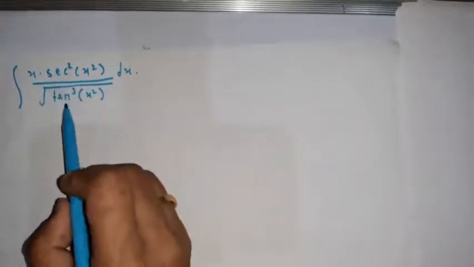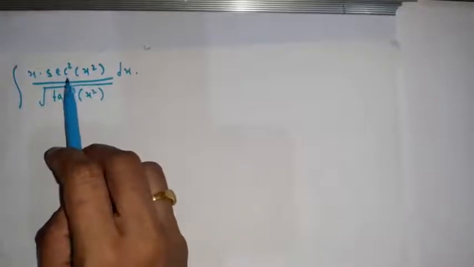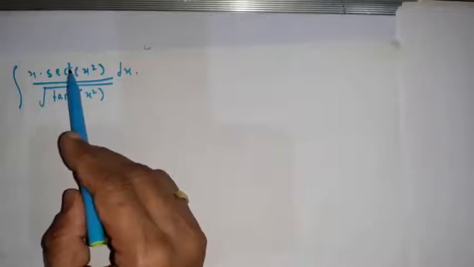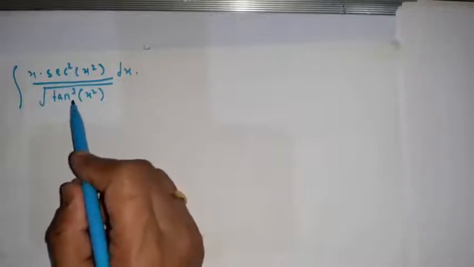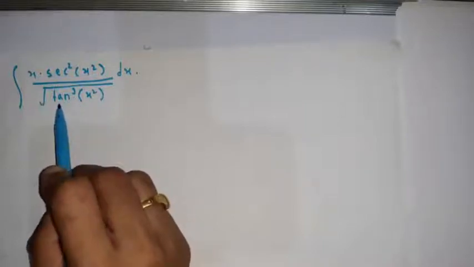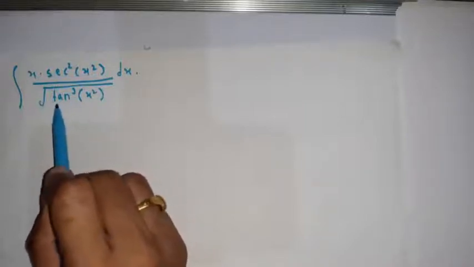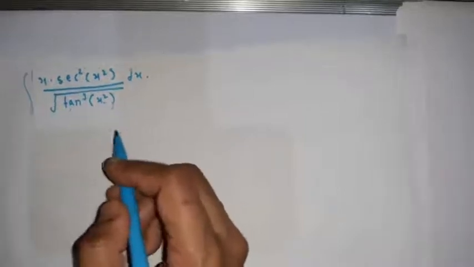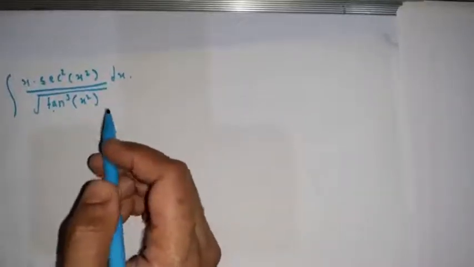Here tan is there and sec square is there, and we know that sec square is the differentiation of tan x. So give the substitution directly to the function tan of x square. First simplify the problem.